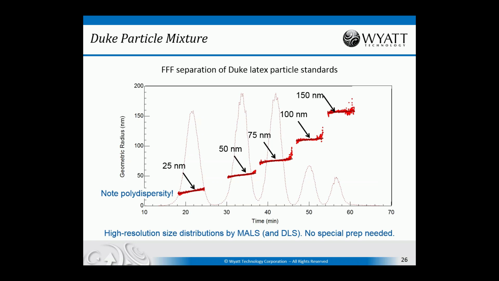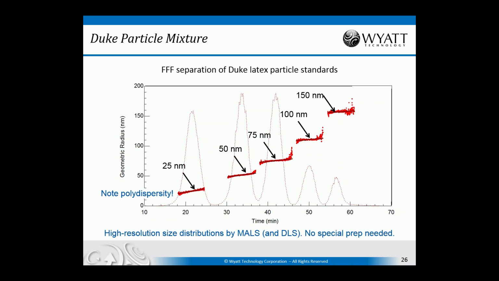This is an example of the quality of the separations that you can get with FFF. These are Duke latex particle standards, and we're using a downstream multi-angle light scatter detector to make the measurements of the sizes. And so you can see beautiful separation between particles which differ in size by 30%, 50%, not very much.